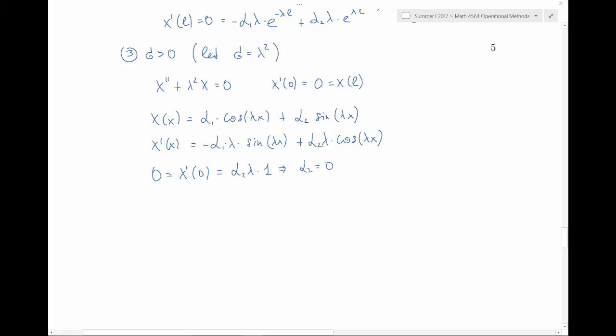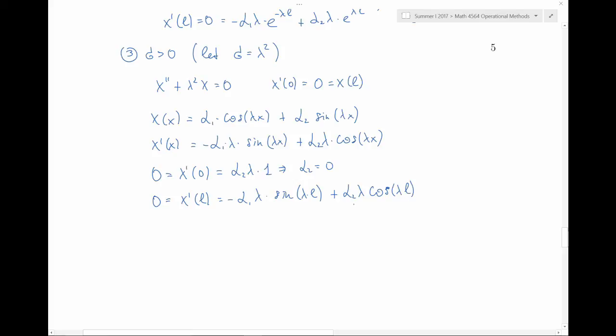Plugging in x equals L gives us minus alpha 1 lambda times sine of lambda L plus alpha 2 lambda cosine of lambda L should be 0.